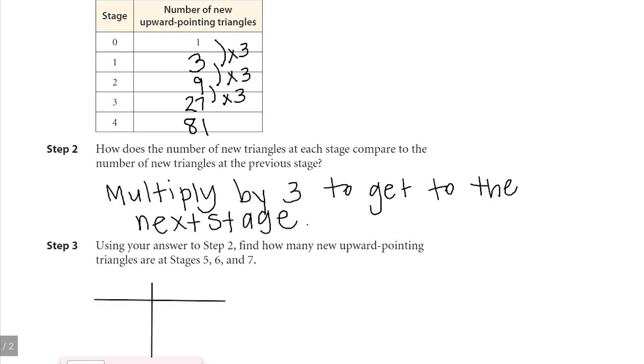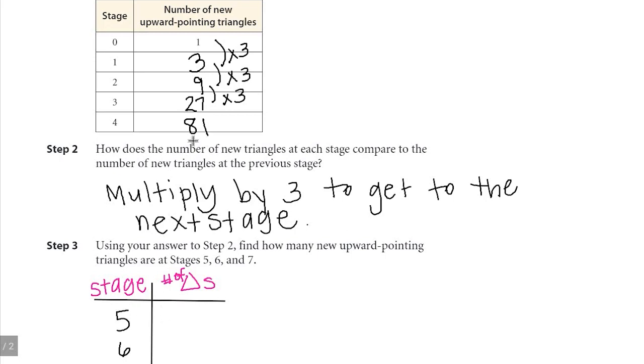Okay, we've got a table, and we are looking at the stage, and we're looking at the number of triangles, right? So we're looking at 5, 6, and 7.